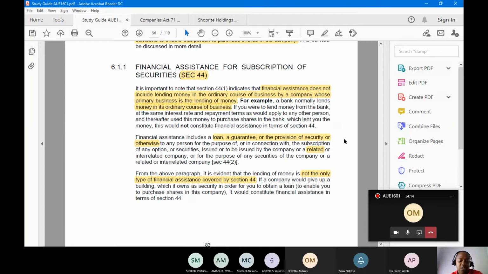Now, the option that has been given to the directors is we've got these authorized shares to be issued. The option is us, the directors, and any related or interrelated person, who can buy into these shares. So my business partner is related to me in the instance that we are business partners in another business that I have. Then in that instance, that person is related and can buy those shares issued or to be issued by the company because of the relation that me and that partner have.